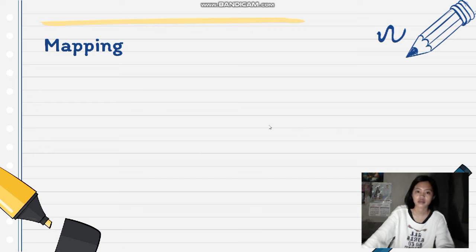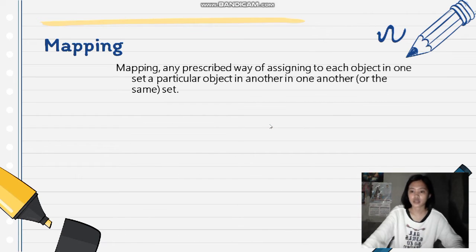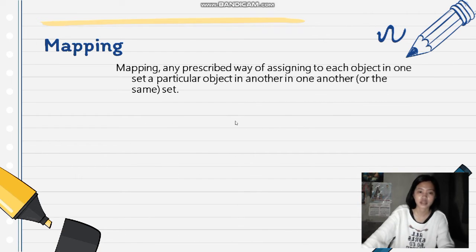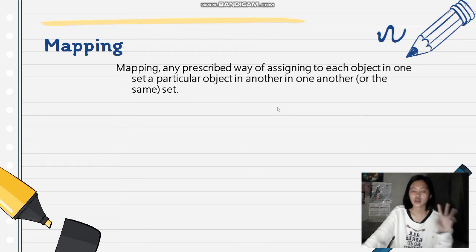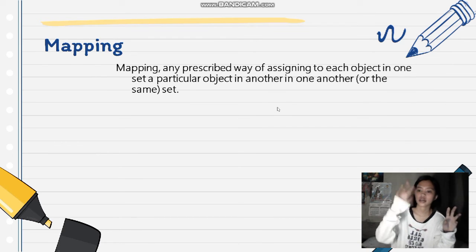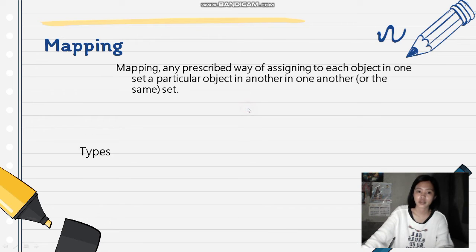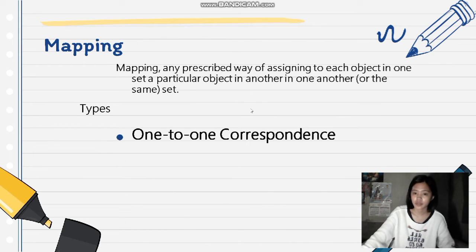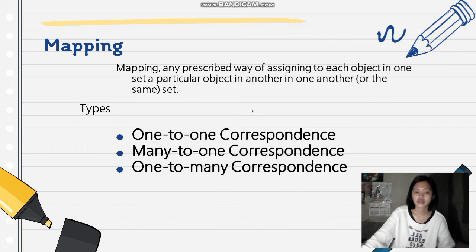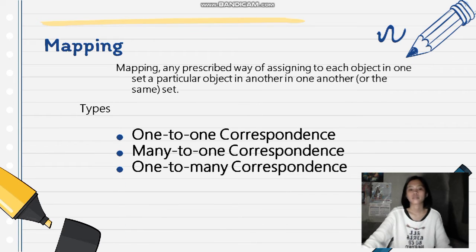Next, we have mapping. Representation pa rin tayo ng function. Mapping. Sa mapping naman, any prescribed way of assigning to each object in one set a particular object in another. Kung sa mapping, parang yung isang object, i-assign natin sa isa pang object. Ganun siya. So, sa mapping, merong types. You have one-to-one correspondence, many-to-one correspondence, and one-to-many correspondence.